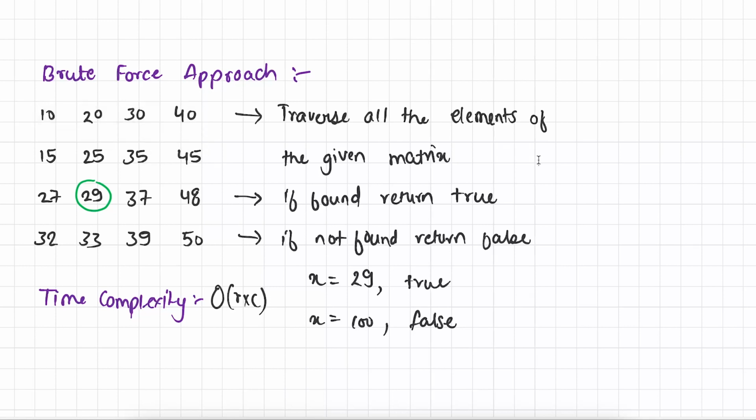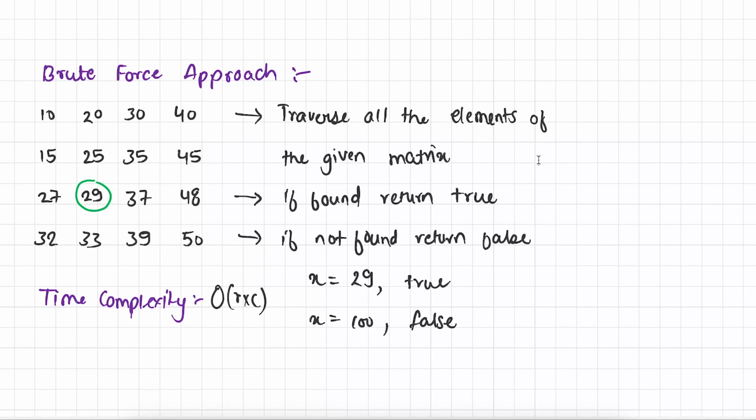While traversing, we check if the current element is equal to the searched element. If we find the element, we immediately return true, and if we do not find it, we return false. This is a simple and straightforward way to solve this problem.